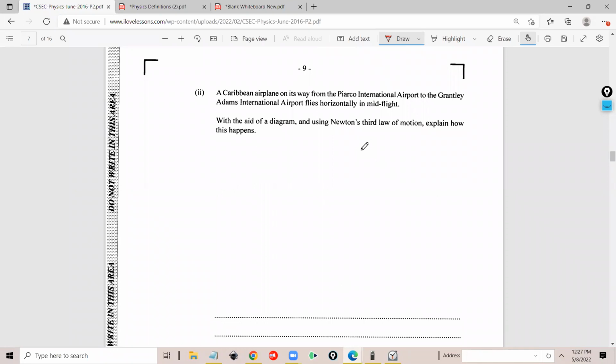All right, but everyone would have read the question by now. So a plane is flying horizontally, right? So that means it's not moving upwards, it's not moving downwards. Horizontal. How this works, right? If this is the plane, there's a terrible drawing of a plane there.